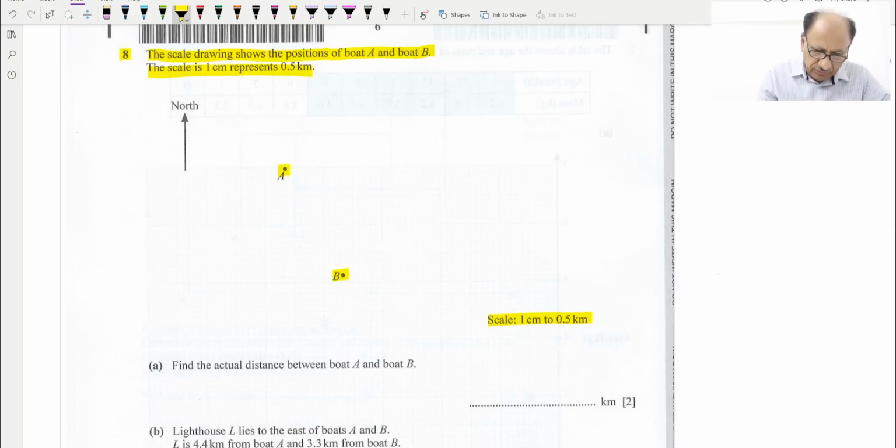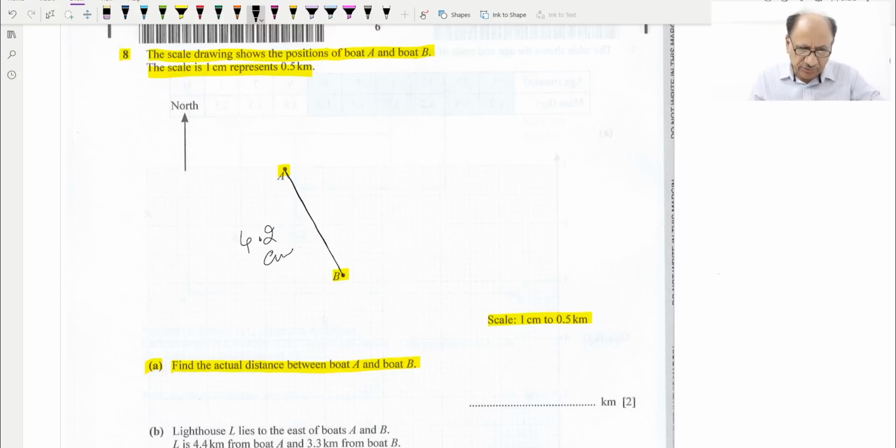This is A and this is B. A part, find the actual distance between A and B. For that, you need to measure the distance between A and B, and keep in mind I'm just working on screen, so I will be taking help of the marking scheme, and this distance is 4.2 centimeters.